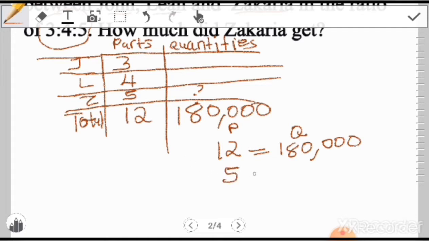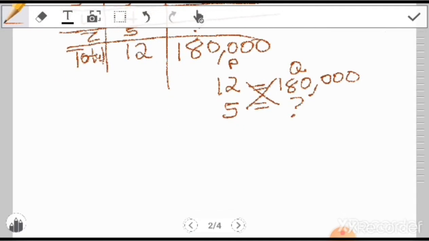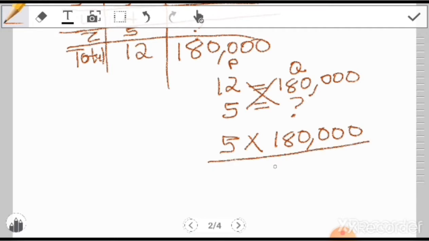Then 5 parts go with what? Cross multiply: 5 times 180,000 over 12.